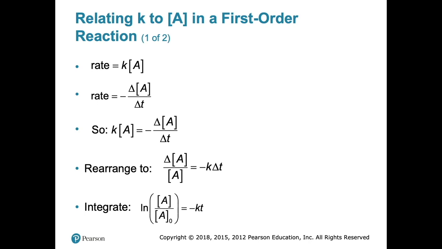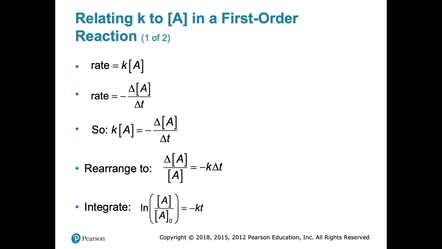Remember, this is called the differential rate law. We can then make K times A equal to the differential rate law. Does that make sense? So basically the general rate law is equal to the differential rate law for a first order reaction.